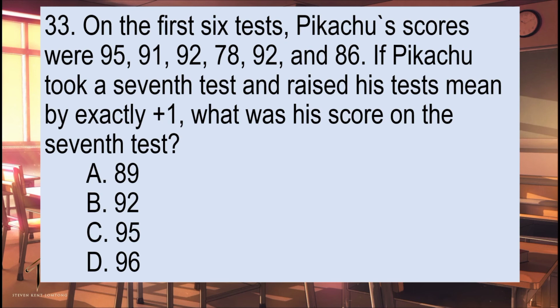Okay, so, yung first mean niya, sabihin natin that's x1 bar, that's equal to 89. Tapos, naging 90, since tumaas daw yung test mean niya by exactly positive 1. Okay, so hinahanap natin is the score on his 7th test.